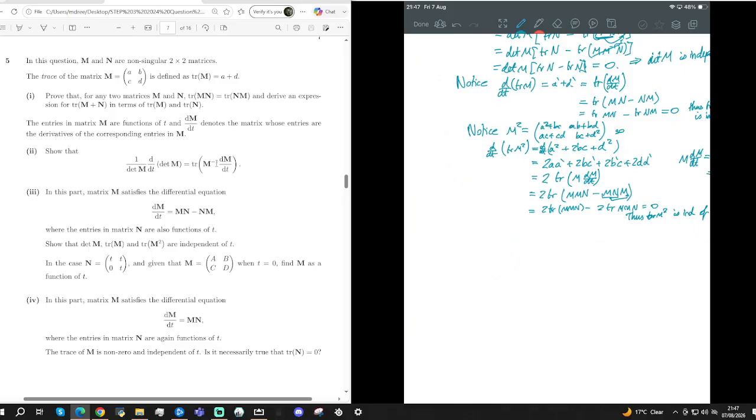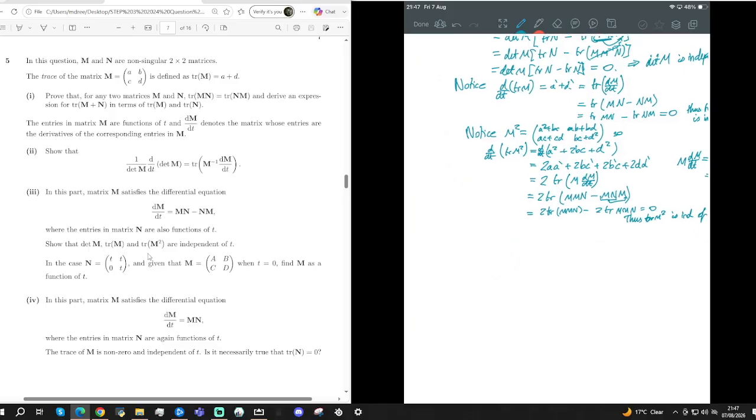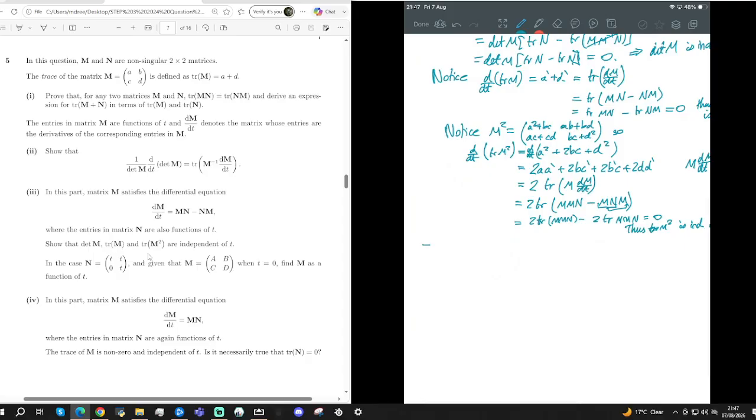So I feel like I want to use these results to set up some differential equations. These results are going to mean that a plus d is some constant, and I'll call it k.